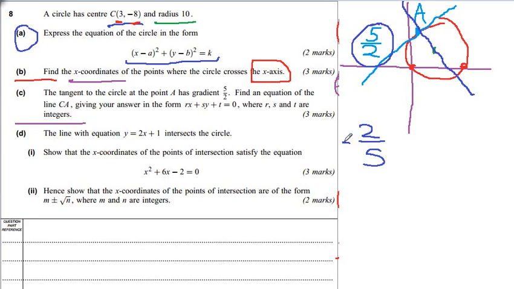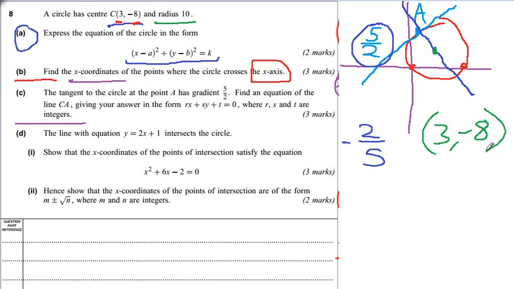Probably shouldn't have used blue twice, but never mind. Minus 2 over 5, that's going to be the gradient of our line. And then we have the point 3, minus 8, because we know it goes through C. So we get the point, here we are, 3, minus 8.